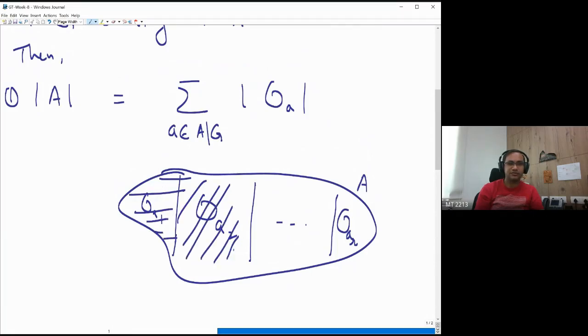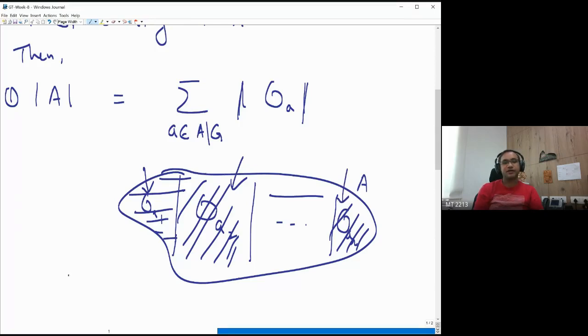These orbits are disjoint because they come from equivalence classes given by the action. So the size of A is the sum of the sizes of each orbit, right? So when we write down this equation and say that we are looking at the size of the orbit of A, you are supposed to choose one representative from each of these orbits, right? So one representative from here, and so on, one from here.